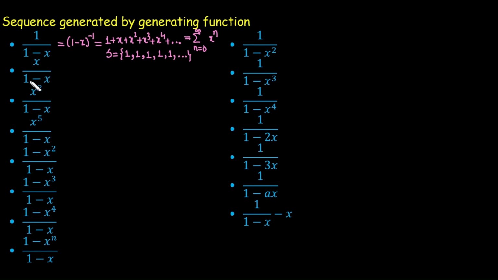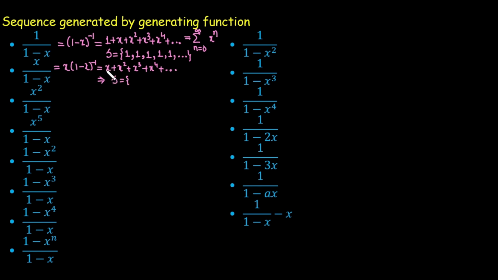The second case is x upon 1 minus x. It is similar to the previous case, just x is multiplied with this term. So we will multiply x here. In this case we have x plus x square plus x cube plus x raised to power 4, and continue this. Now from here, what is the sequence? The first term is always the constant.